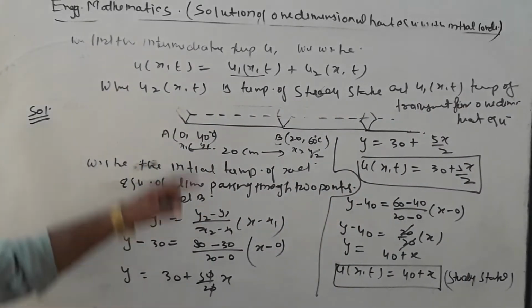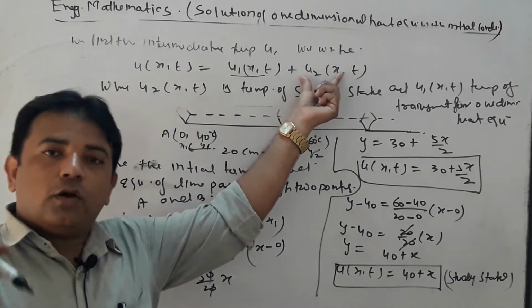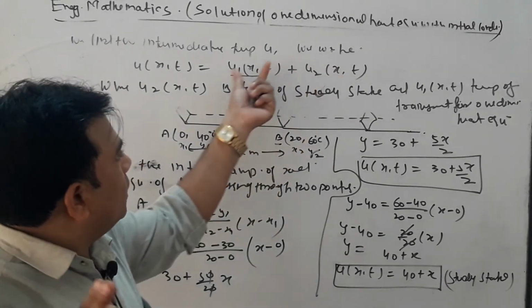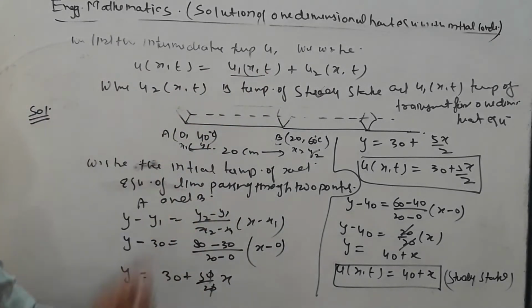This is the temperature of u1(x, t), and this is the temperature of the steady state. This is the condition the transient temperature satisfies, so it satisfies the one dimensional heat equation.